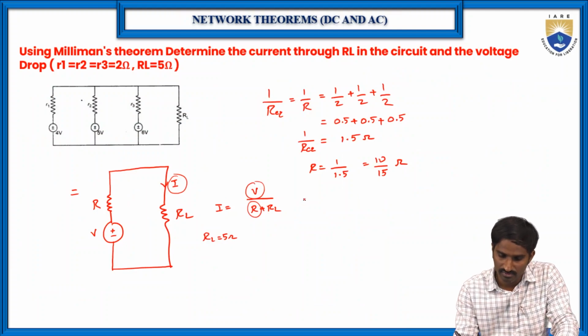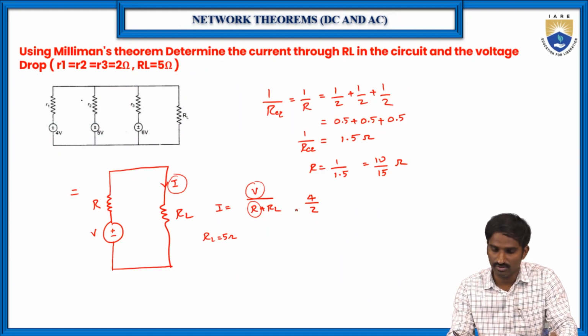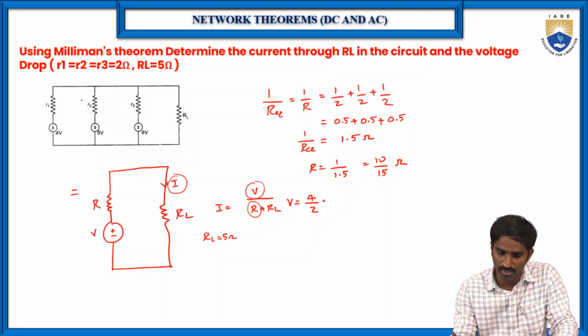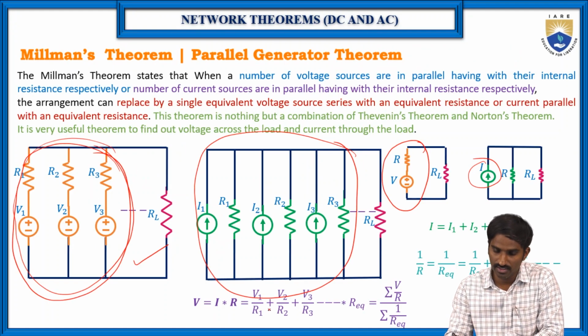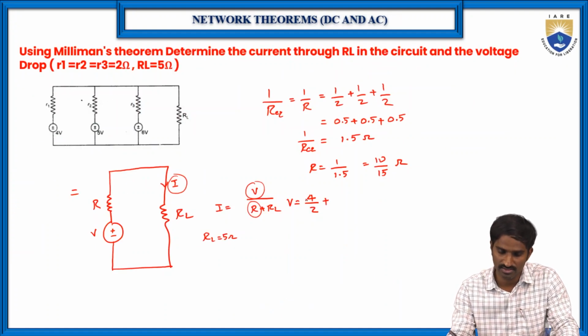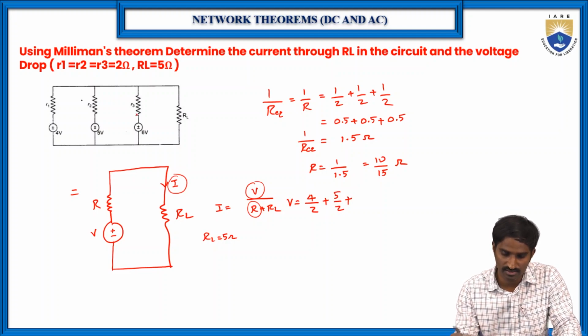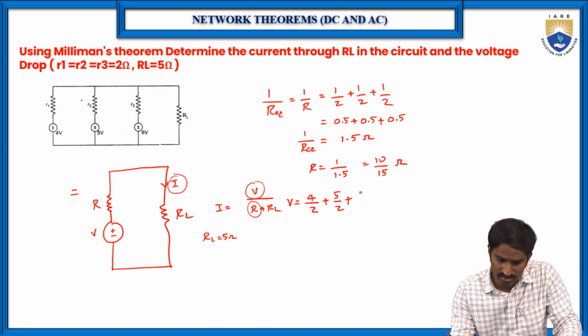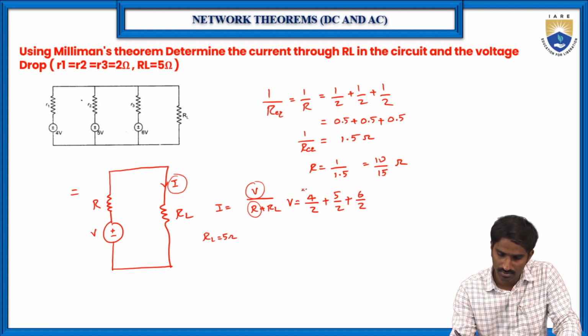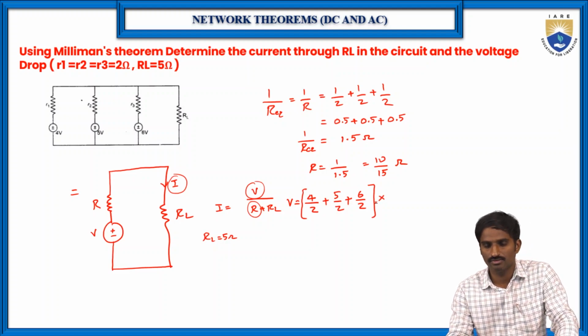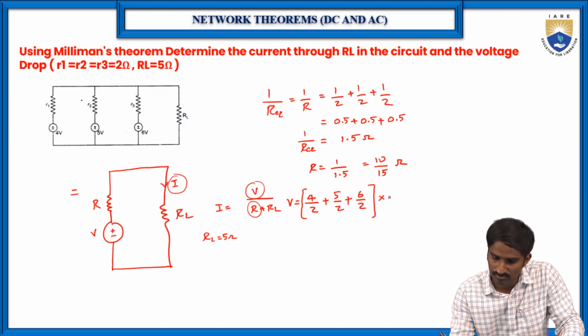So V = (4/2 + 5/2 + 6/2) × R equivalent, what is this R equivalent?